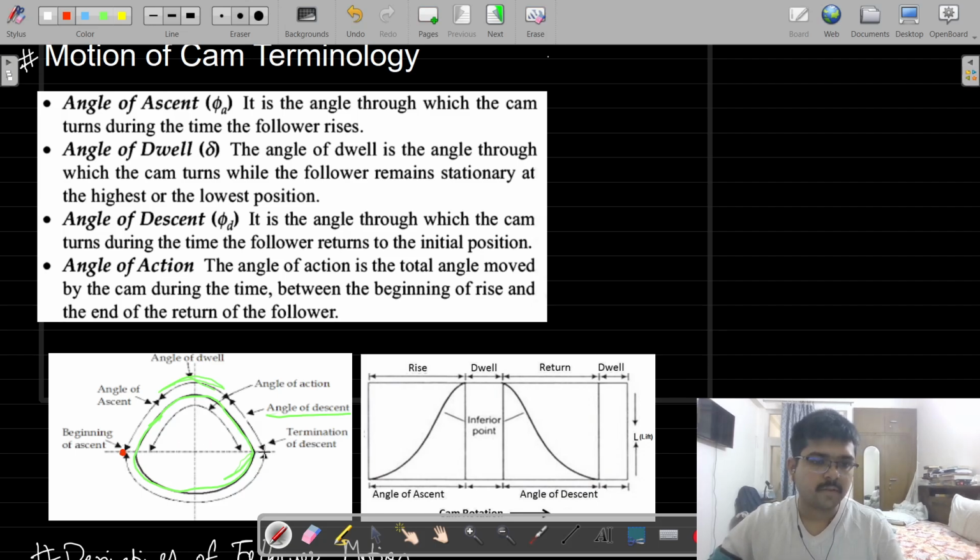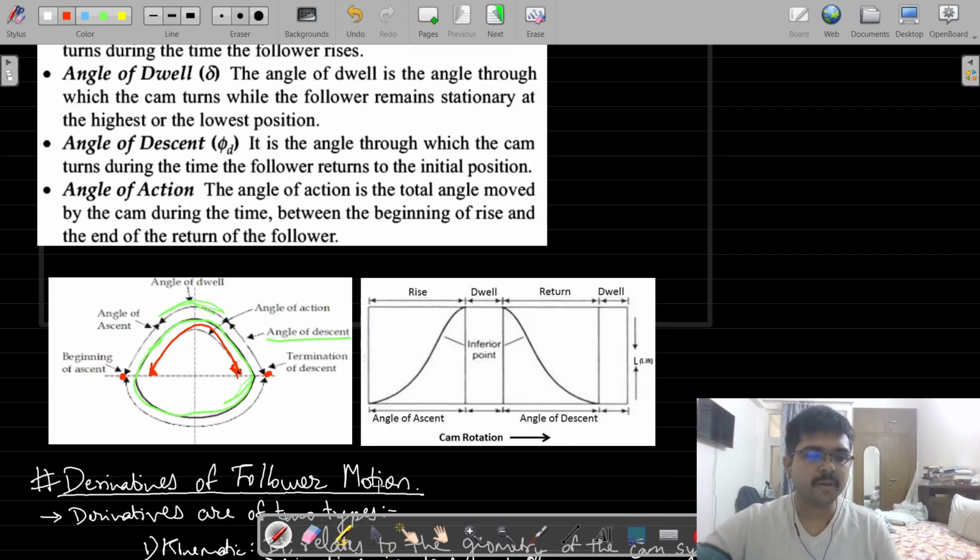It is between the beginning of rise and the end of return. So end of return is here, and this angle from here to here is the angle of action. So that's the motion of cam terminology.